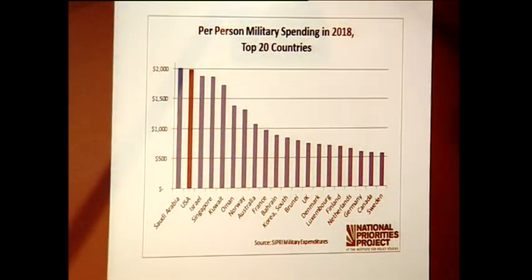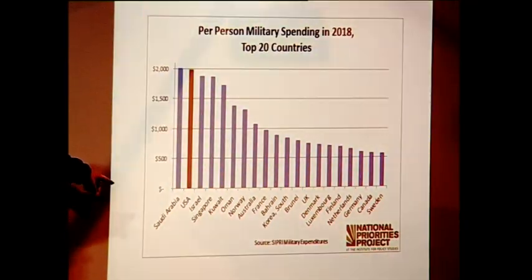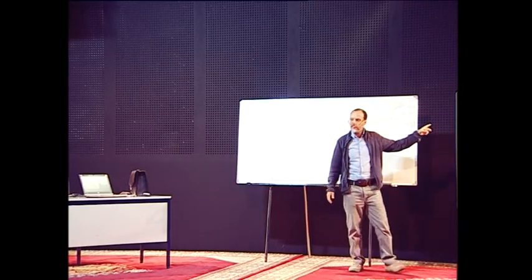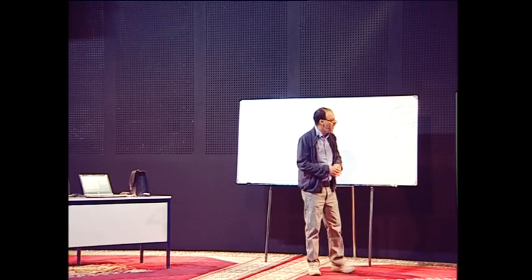Now, if you take the amount of money the United States spends on militarization and divide it by the number of people, how much does every person pay? Now, Saudi Arabia is the first country in terms of spending in the military.